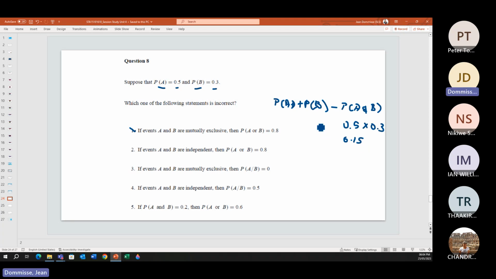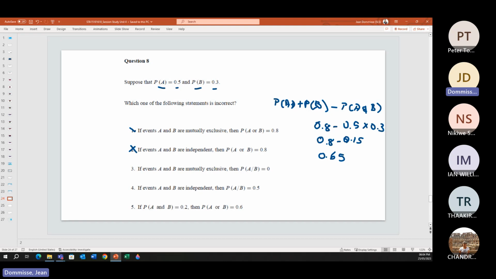So in this instance, 0,8 minus 0,15 would actually then be 0,65. So that would then be incorrect.